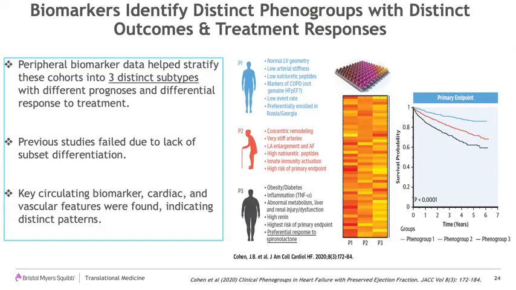In our analyses, we found that the peripheral biomarker data, together with the patient metadata, helped stratify the trial population into 3 distinct subgroups. Key circulating biomarker, cardiac, and vascular features were found, indicating distinct patterns. The phenogroups exhibited different prognoses and differential responses to spironolactone.